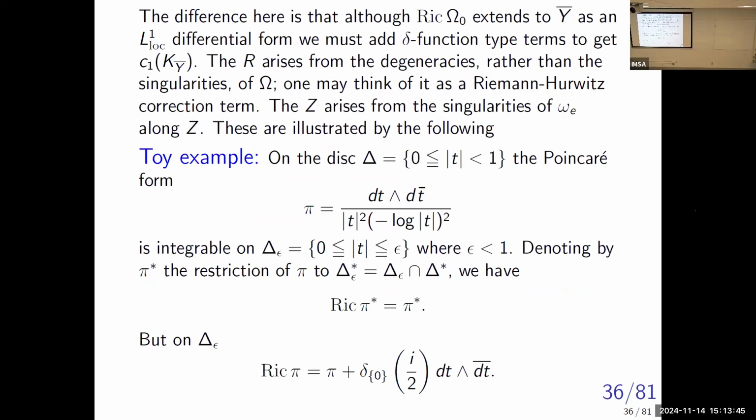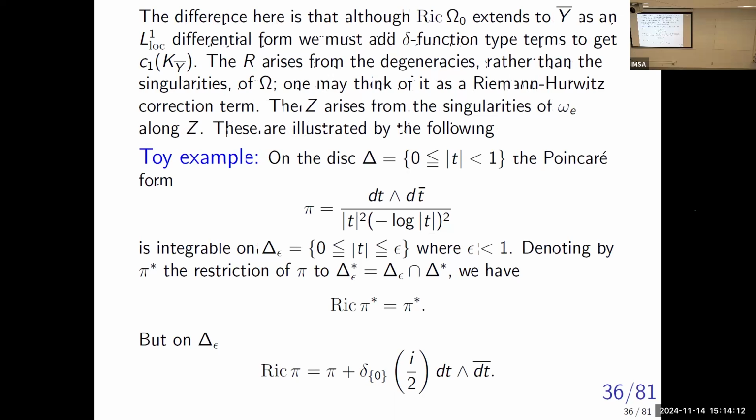So here, to explain a little bit more what's going on, the Ricci form of the volume form, where it's positive, extends to the closure of Y as an L1 differential form. But in the Ricci of the Ricci form, you have to add delta functions.